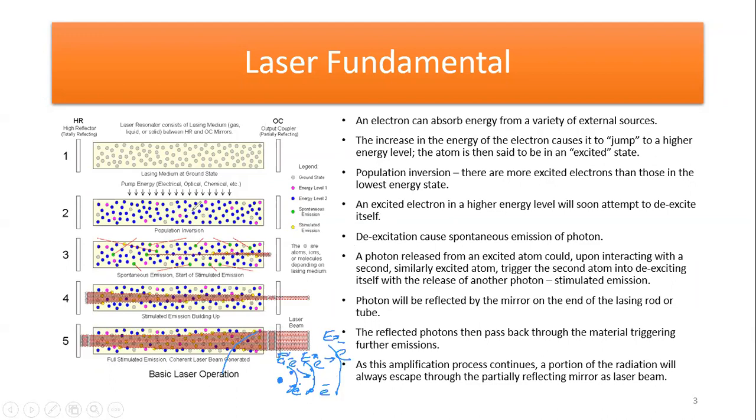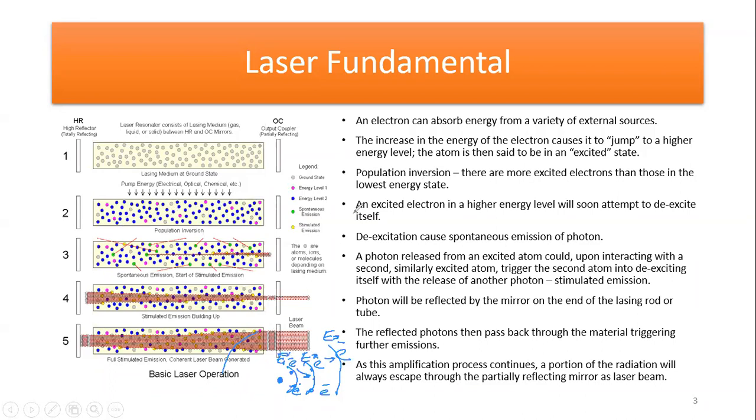If more atoms possess electrons at high energy bands, then what you say is population inversion is achieved. So when population inversion is achieved, it indicates that more atoms are at an unstable state compared to the stable state. So any questions?